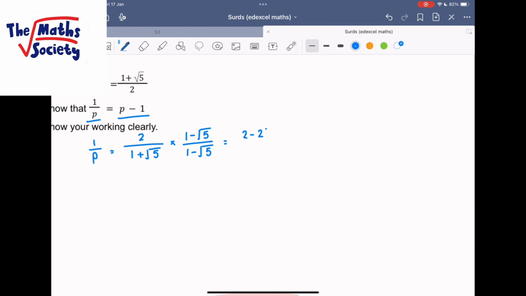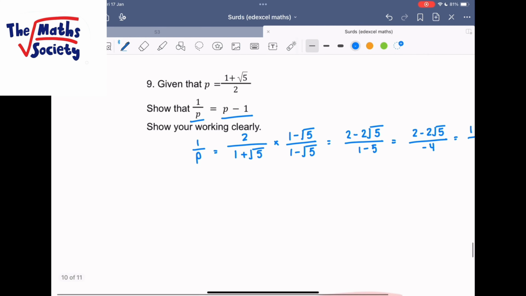So then you should get 2 minus 2 root 5 by 1 minus 5. So that should be 2 minus 2 root 5 by minus 4. So that's 1 minus root 5 by minus 2. So then you can just form it as root 5 minus 1 by 2.